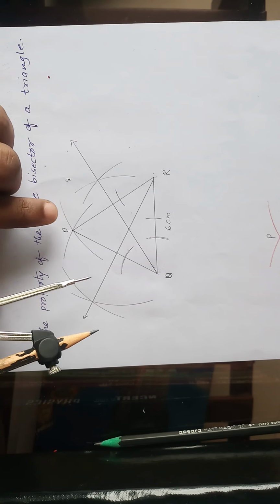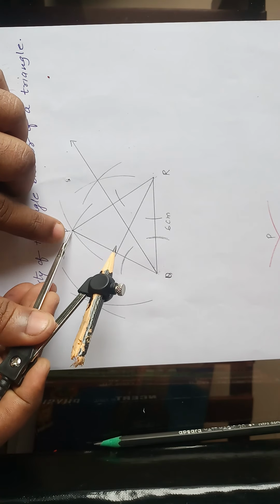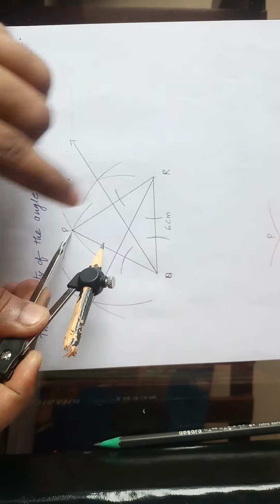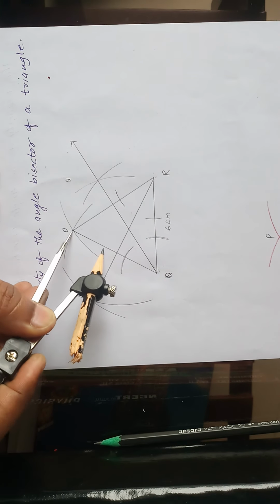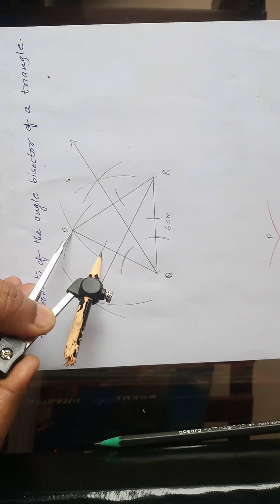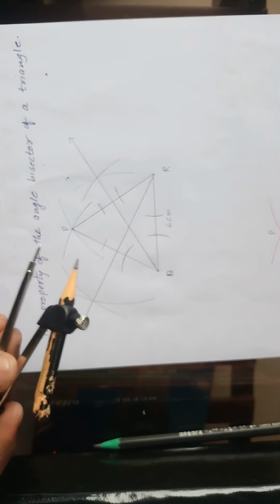Now thirdly, we will bisect angle P. To bisect angle P, again you take two arcs on two sides of angle P. One arc you will draw here and the other arc you will draw on the other side, and then increase the length.